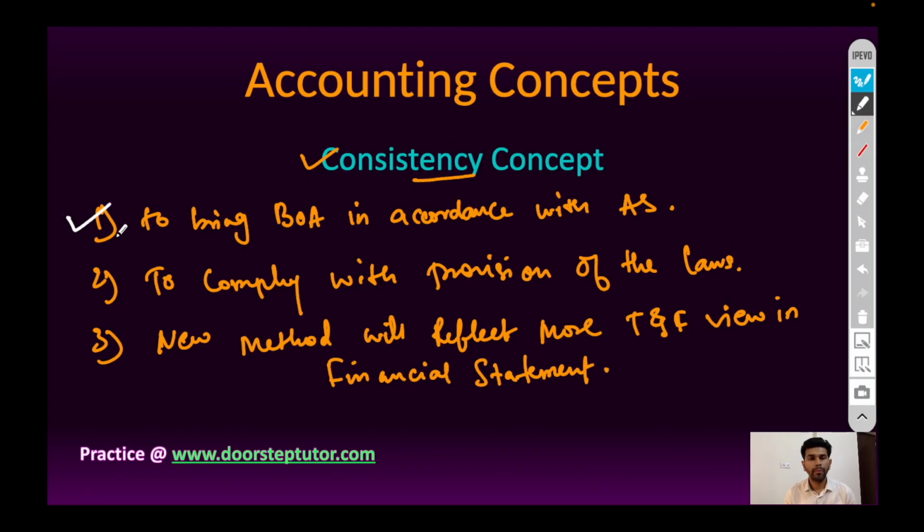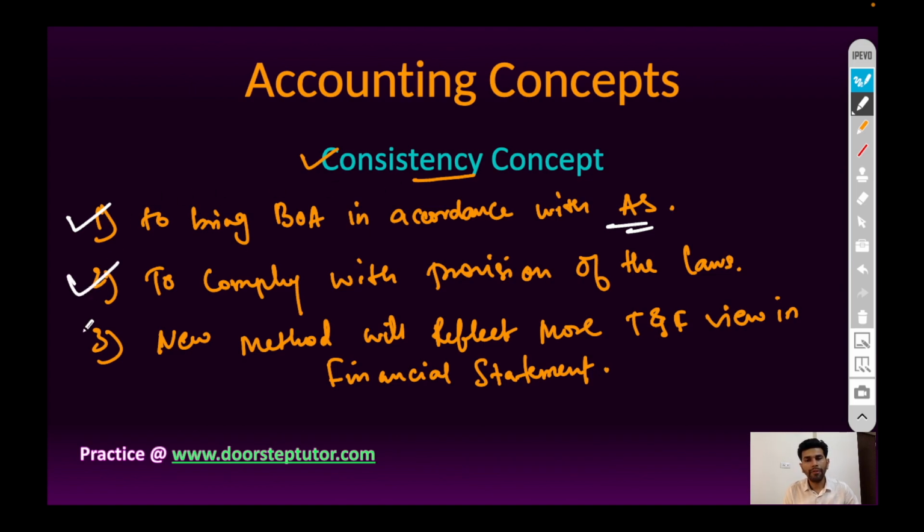To bring books of accounts in accordance with accounting standard: if there is any change in accounting standard, or if previously the business organization used to apply a different method of accounting, but later on realized that another method is more applicable and more realistic, then in that case the business can change the policy to comply with accounting standards.